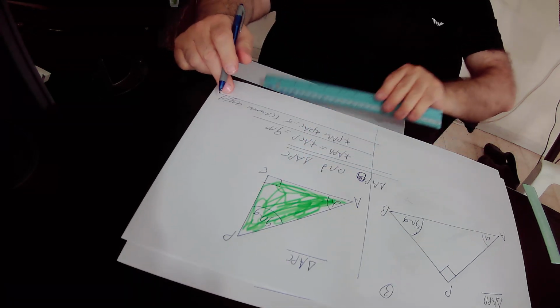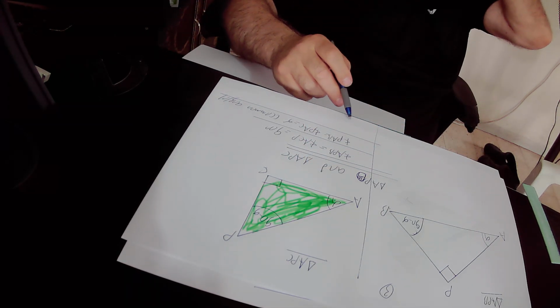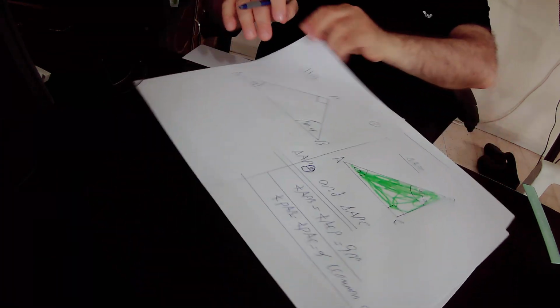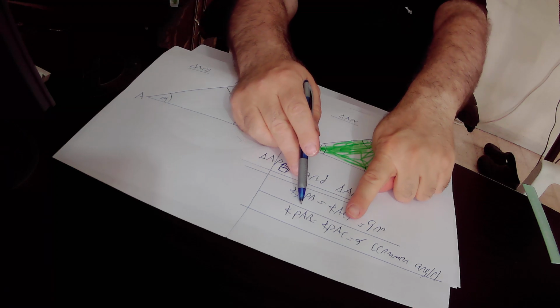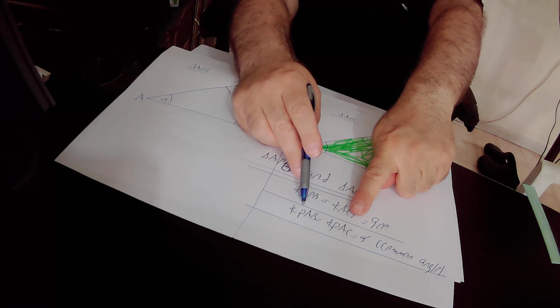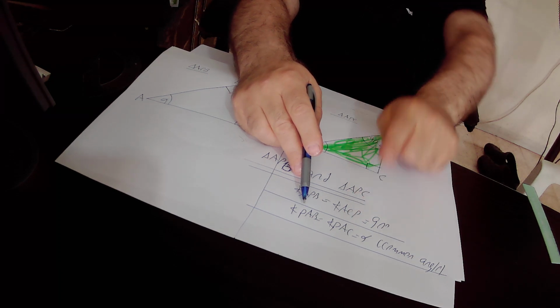Repeat again. This equation means that angle alpha equals itself. We just call angle alpha two different names. Angle alpha equals itself as a common angle that belongs to both triangles.